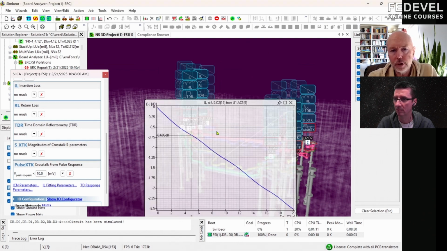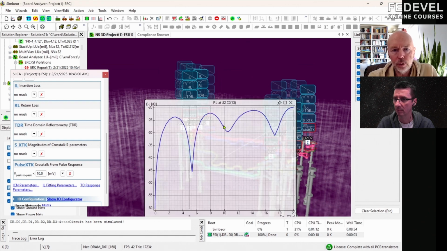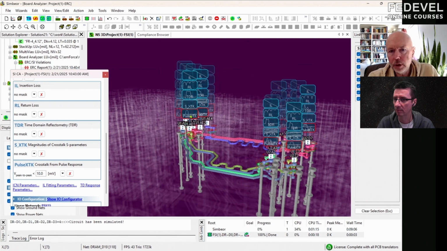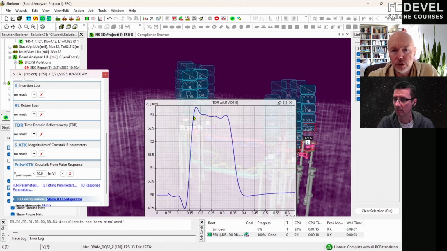So they already have some masks, eye masks, or masks for S parameters for insertion loss, for return loss, and so on. So right here we see this is insertion loss, very clean. Return losses are also relatively clean. Short tracks, impedance is close to 55 ohm. So everything is perfect, but for crosstalk here, on TDR we can see the tracks are actually 53 ohm.